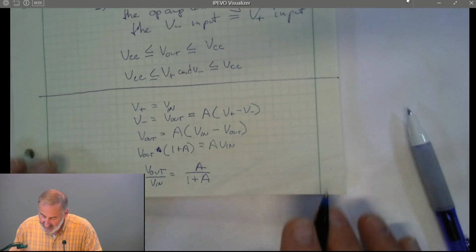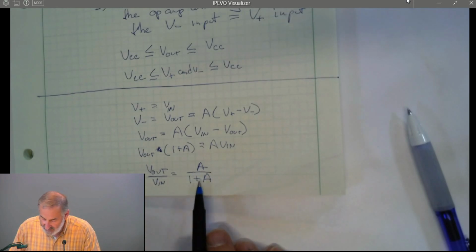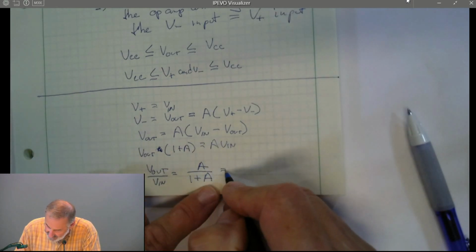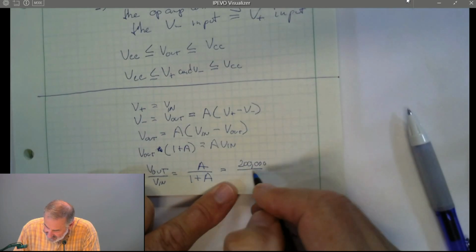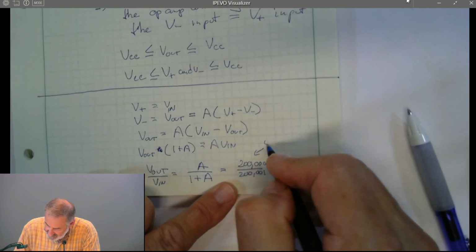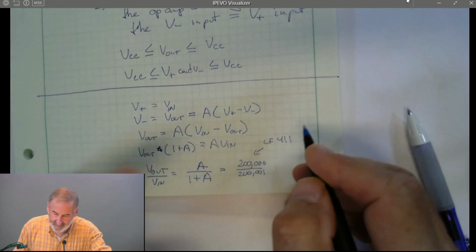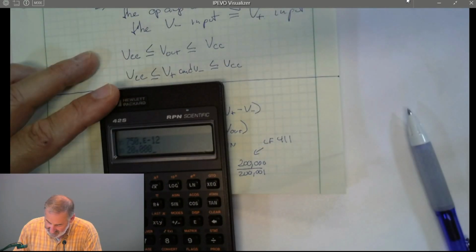But we can see that for a real-world op amp, it's A, the open loop gain, over 1 plus A. For an LF411, that's 200,000 typically, over 200,000 plus 1.